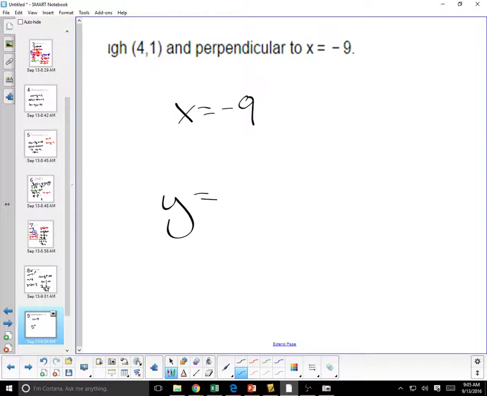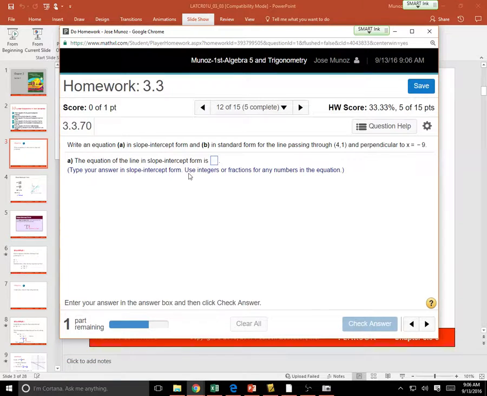Well, y equals is always the y value, isn't it? What's the y value here? And guess what? That's already in standard form and slope-intercept form. So it's just y equals 1. Corbin, am I going to be wrong?